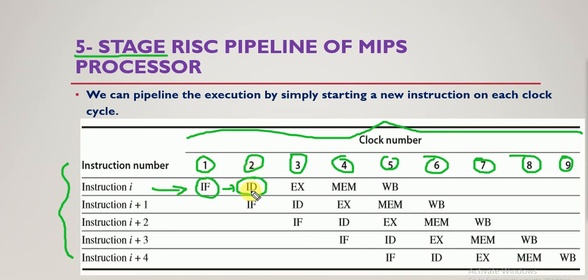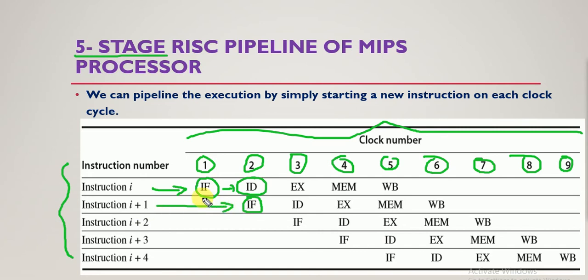In the same clock cycle, the next instruction arrives and goes for instruction fetch. So in the second clock cycle, two operations are happening: the instruction decode of instruction I and the instruction fetch of instruction I plus 1.